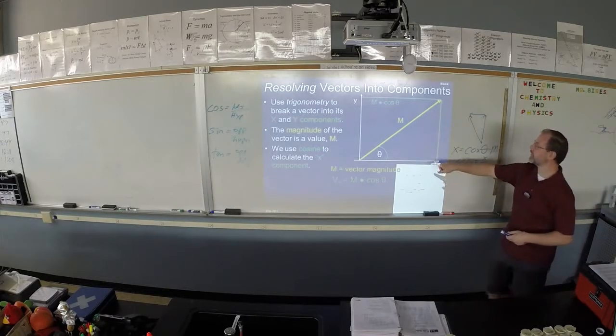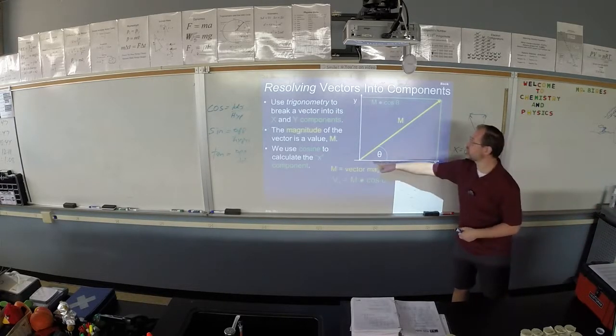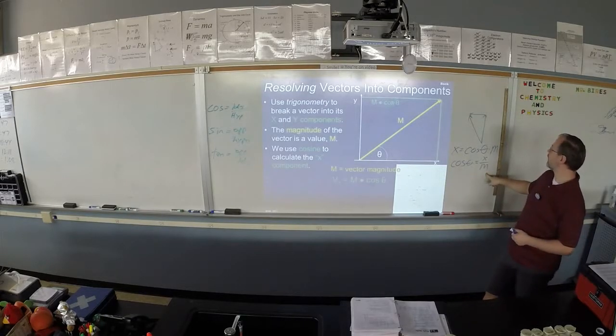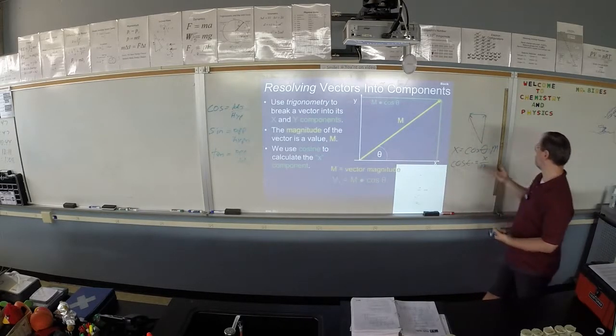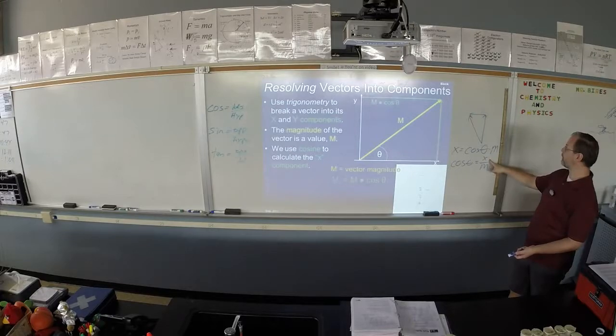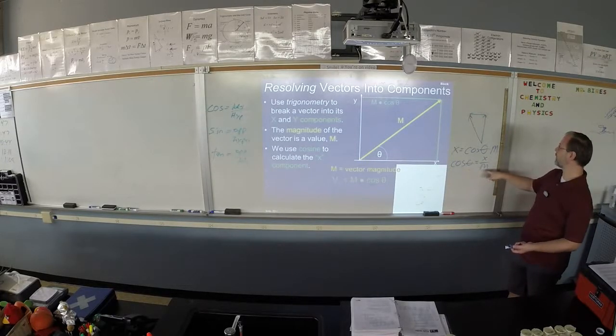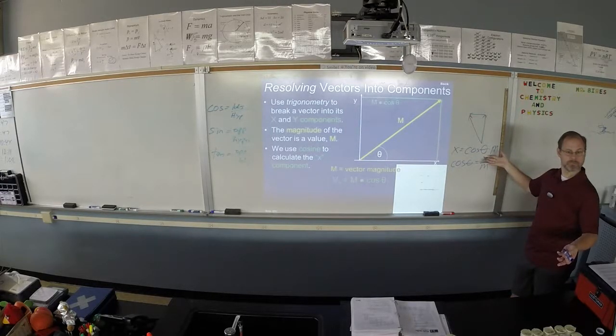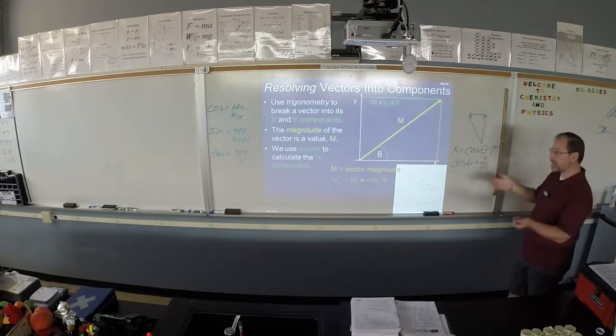Okay, so the cosine of this angle is the adjacent leg, which is the x value, over the hypotenuse, which is the m value. If we want to solve for x, we multiply both sides by m, and we get x equals cosine theta times m. Make sense? All right. And we can do the same thing with sine.